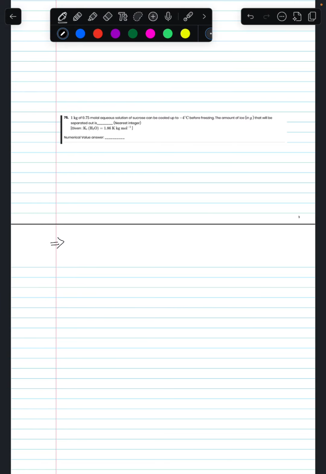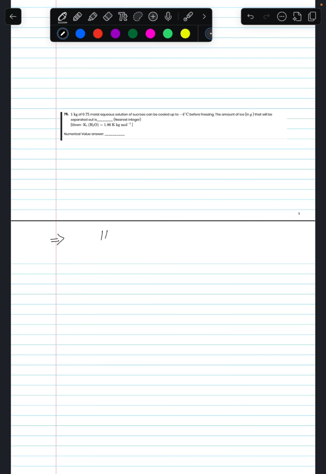Okay, so we have 1 kg of aqueous solution of sucrose. 1 kg means 1000 gram. Let x gram in this 1000 gram be water. So 1000 minus x gram will be sucrose.